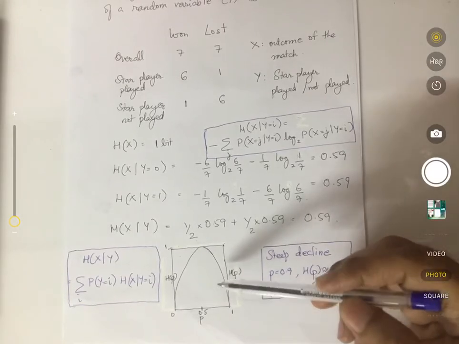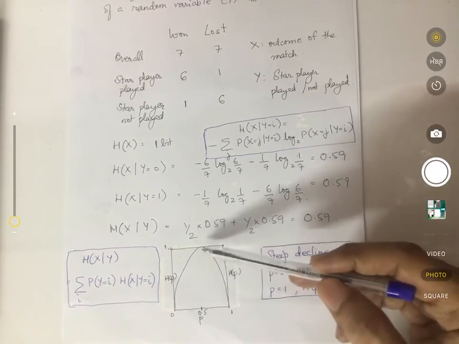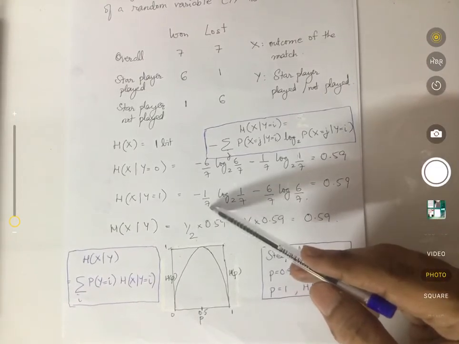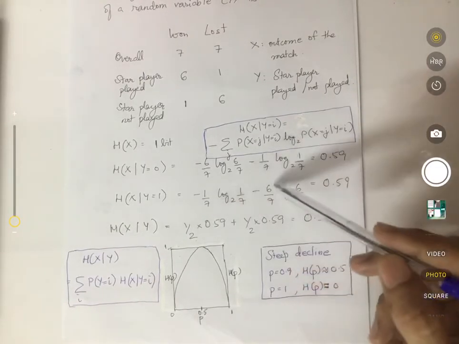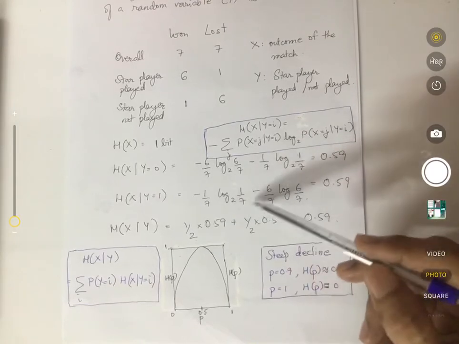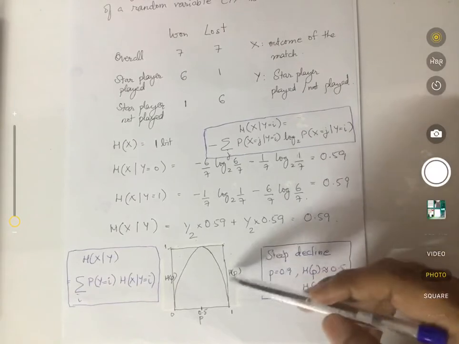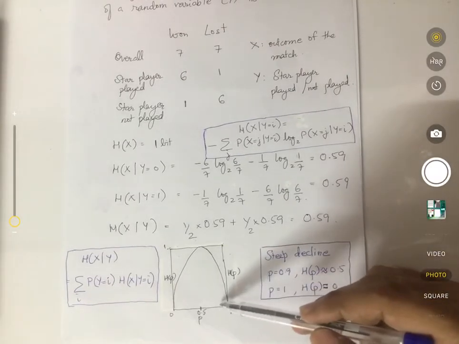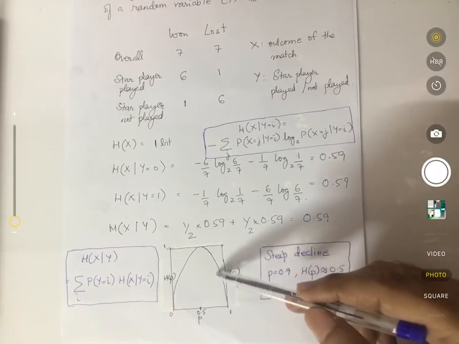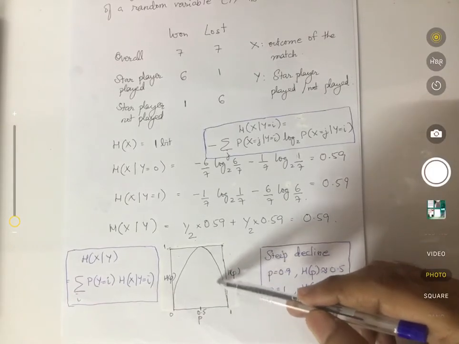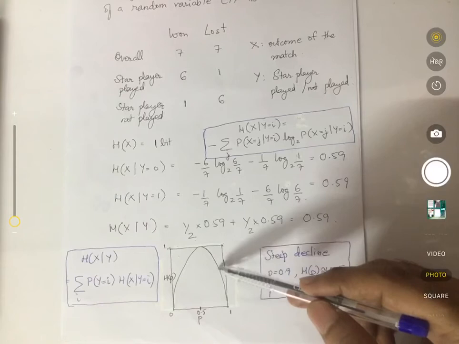Okay, so when p equals 0.5, you see that it takes a value 1, but when it's skewed 6 by 7, 1 by 7, the entropy reduces from 1 to 0.59, which means somewhere here, right? So when p is around 0.85, you get a value of 0.59, and there's a steep decline.